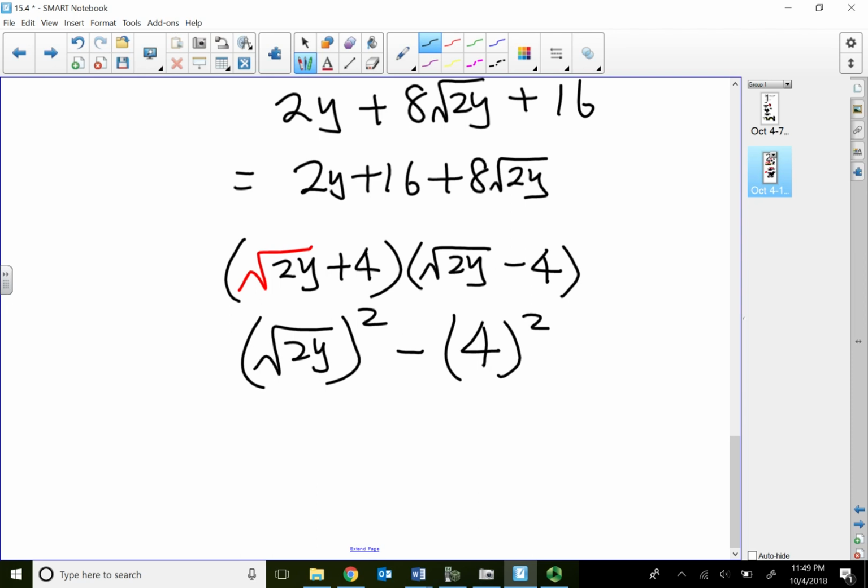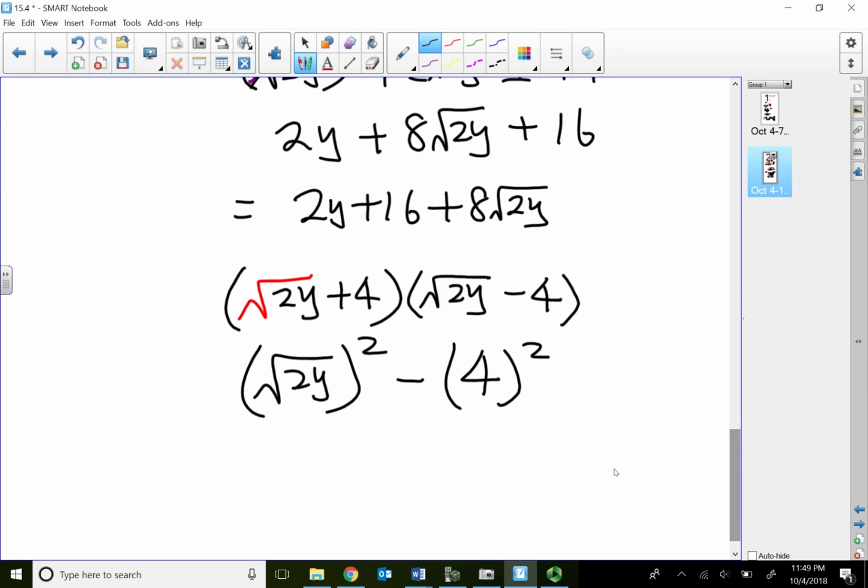Our ability to recognize perfect square binomials and difference of squares will really come in handy in college algebra class. Now square and square root cancel out, and I just end up with 2y minus 16.